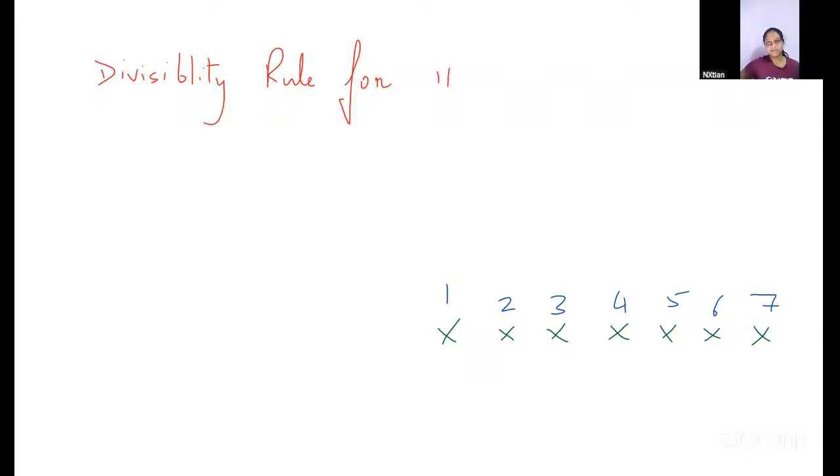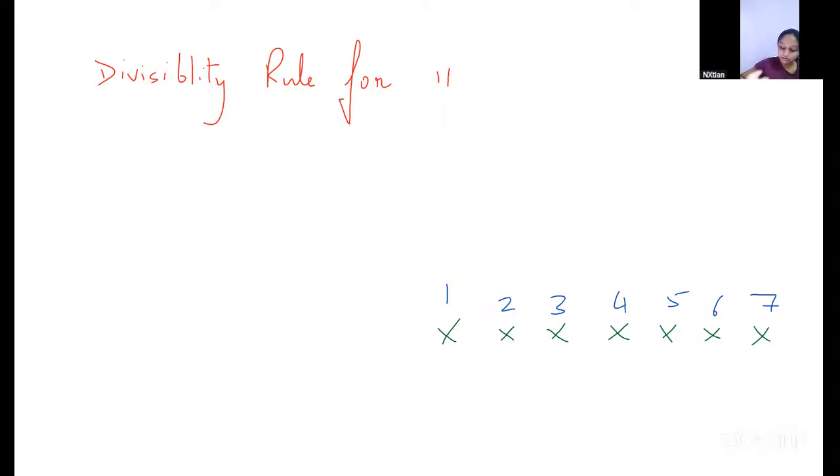Okay. So now, the x's which are coming on 1, 3, 5, 7 are at odd places. Those are known as odd places. But those coming at 2, 4, 6, 8, 10, those are known as even places.